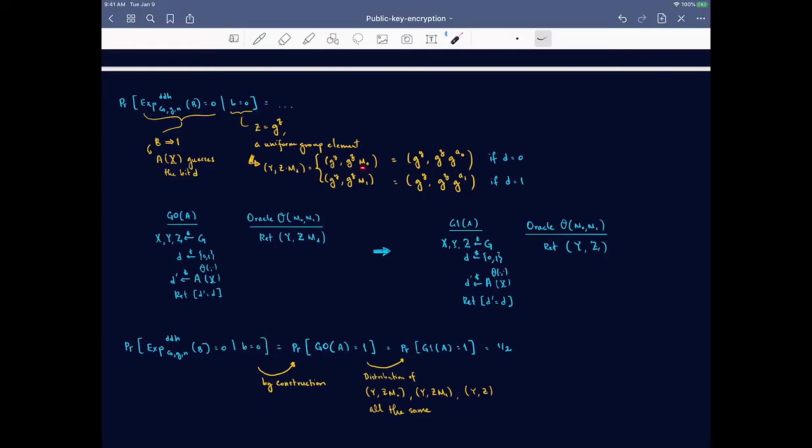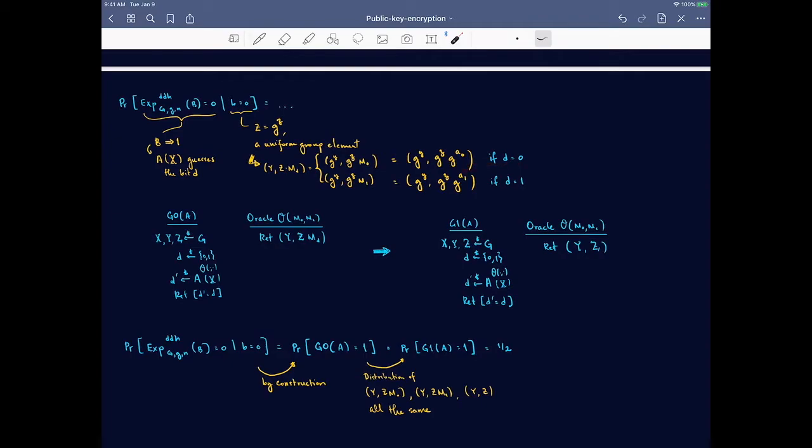We can think of M0, because it's a group element, as g to the a0 for some exponent a0. We don't have to even know what it is. Because it's a group element, we know we can write it as a generator raised to a power. So M0 we'll write as g to the a0, and M1 we'll write as g to the a1. So these are the two possibilities. If the bit that B flips is 0, then we get this case.